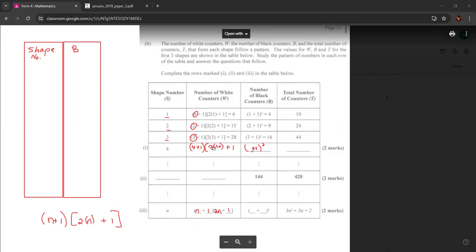So if it goes down to n, it will become n plus 1 all squared. Similarly, if this was 4, this would be 4 plus 1 all squared, which would be 4 plus 1 is 5, and 5 squared would be 25.